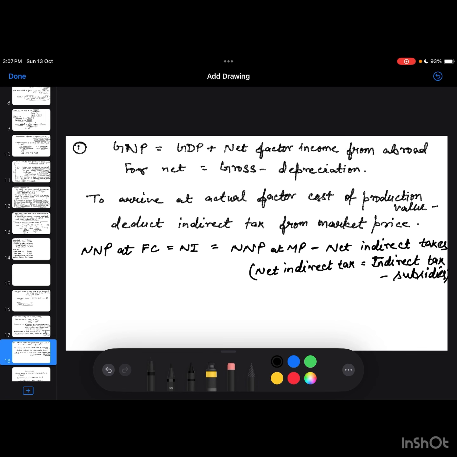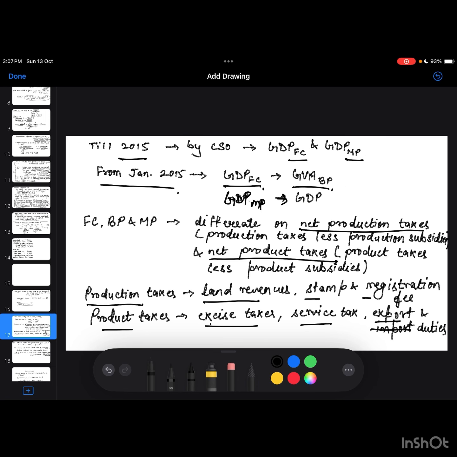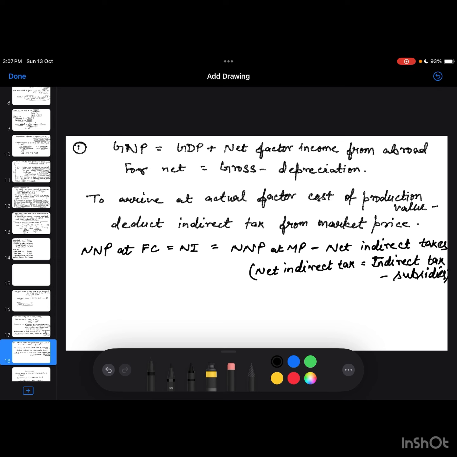Now we studied earlier that GDP and net factor payment from abroad will be equal to GNP, and if we want to get the net value, then we can subtract depreciation from the gross. If we subtract depreciation from the gross value, then we will be left with the net value of a unit.